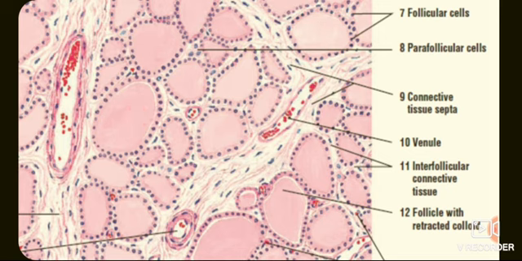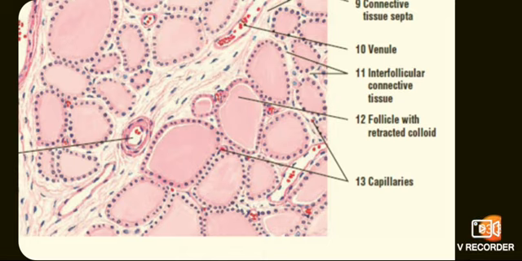If the gland is highly active, the follicular cells become columnar and there is scanty colloid. When the cells are inactive, the epithelium becomes squamous with abundance of the colloid material in the lumen of the follicle.